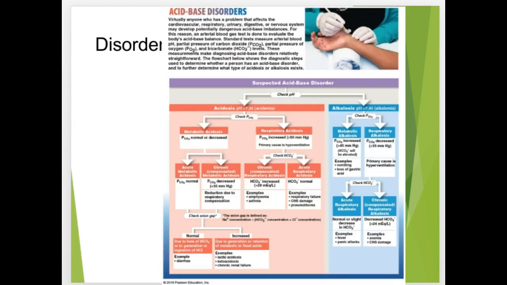This slide gives you a nice little chart of all of these disorders that you can look at and check. But the main thing I want to cover today is how all of this compensates.